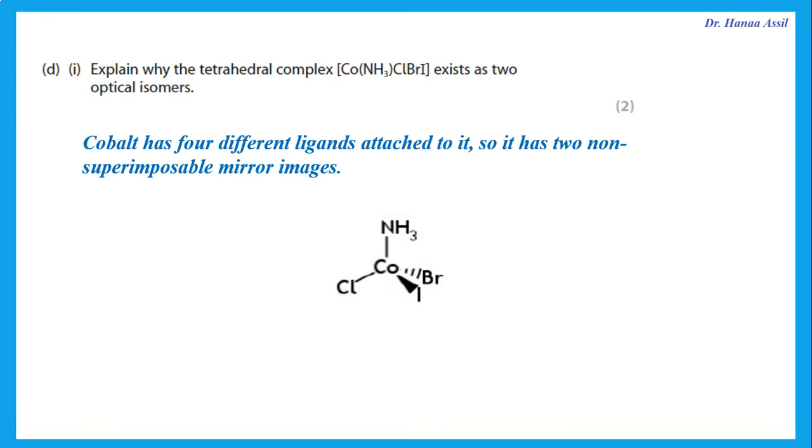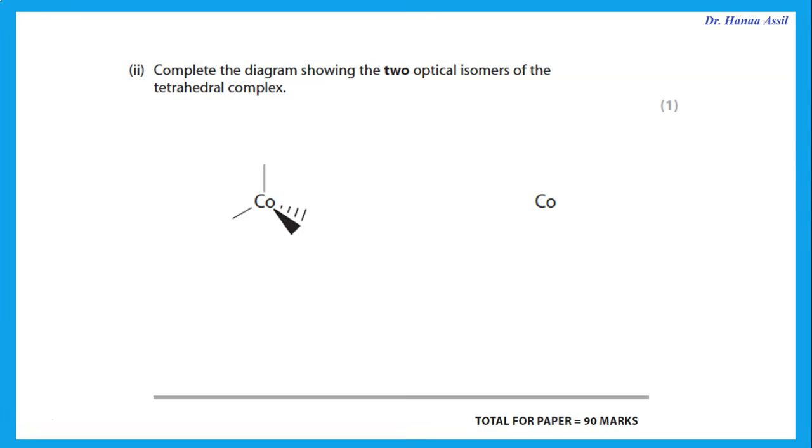We have a chiral center when we have the cobalt bonded to 4 different ligands, and that means that we are going to have 2 non-superimposable mirror images. This is what we mean by 2 optical isomers. So this is because the cobalt is bonded to 4 different ligands, and that means it's a chiral center, and it would have 2 non-superimposable mirror images.